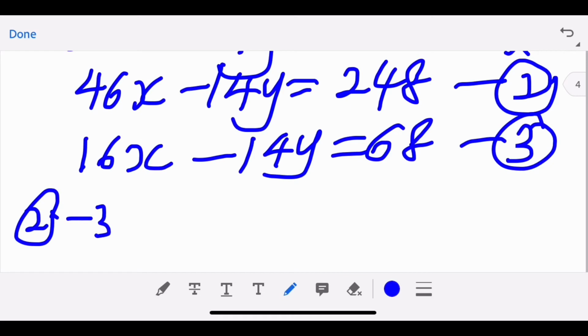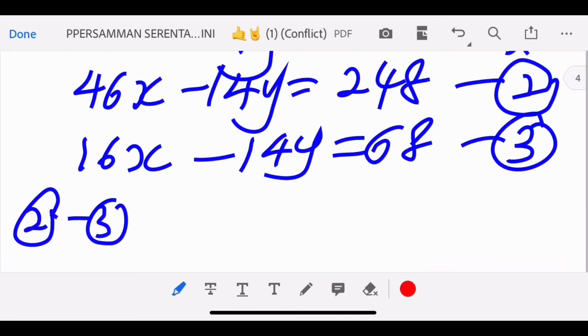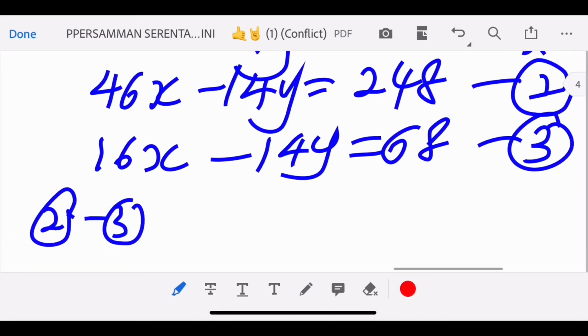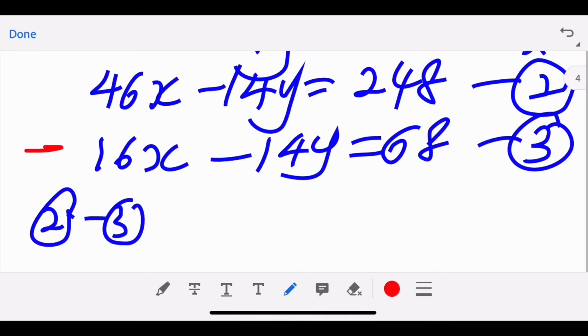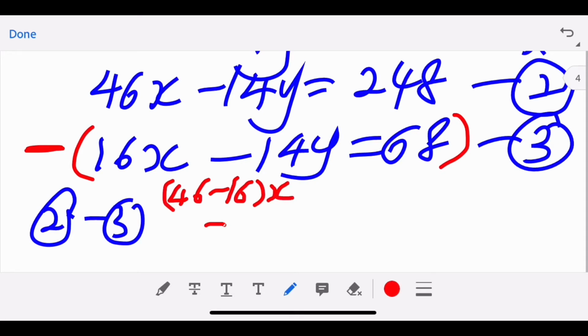Okay, so now based on the 2, I'm going to minus the equation. So 46x minus 16x, it should be 30x, right? Okay, when you minus, be careful. You must minus like this. So when you minus, you must make sure every term is minus.